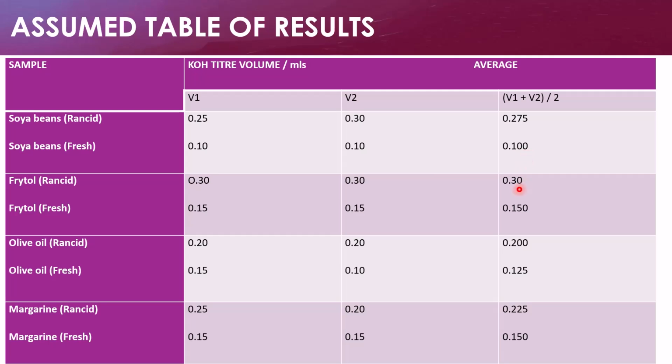For the rancid vegetable oil or fried oil, we have a titer volume of 0.30, and for the fresh fried oil we have 0.150. For the rancid olive oil we have 0.200, and the fresh olive oil is 0.125. For the rancid margarine we have 0.225, and for the fresh margarine we have 0.150 from the table.